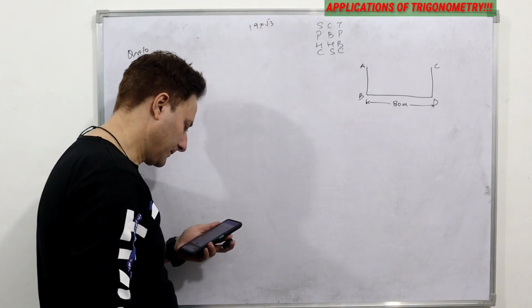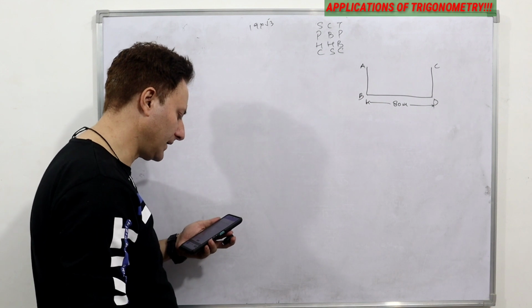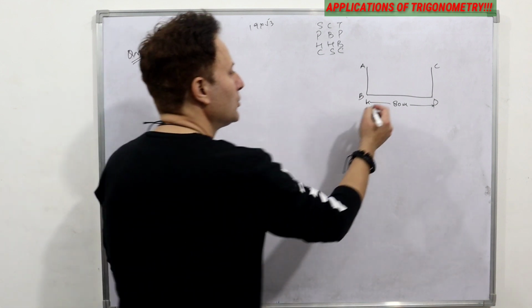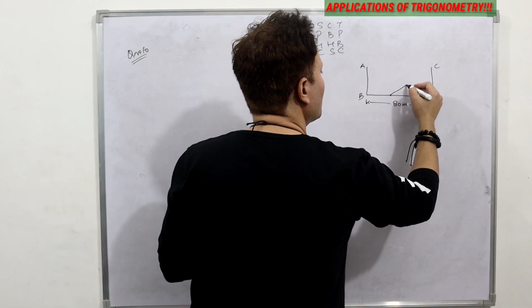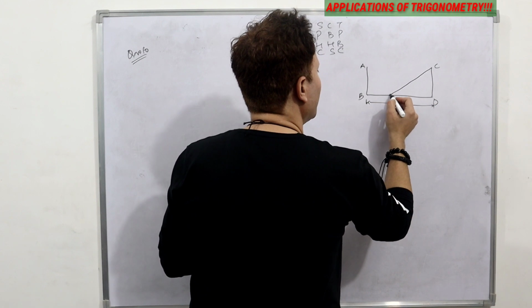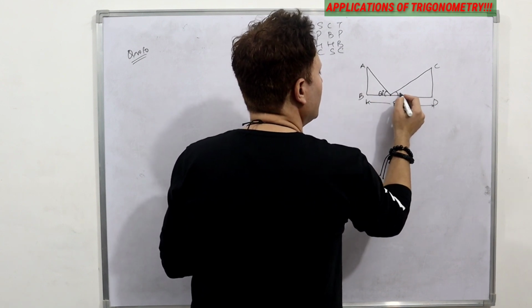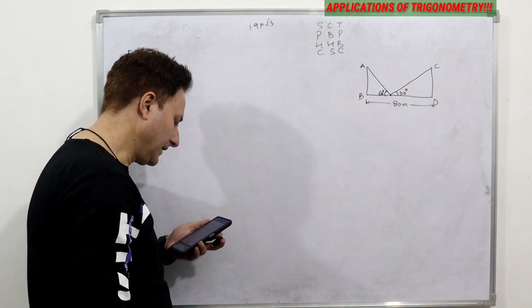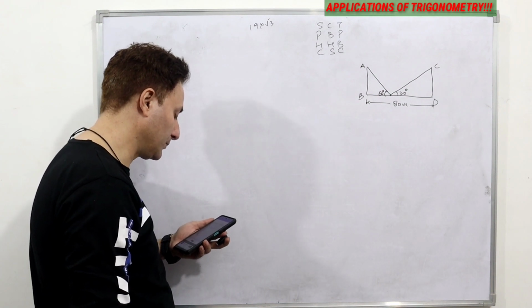Now what more? From a point between them on the road, the angle of elevation of the top of the poles is 60 and 30. So somewhere we have a point on the road and we have two angles in the making. One is 60 and then we have 30. Okay, find the height of the poles and the distance of the point from the poles.